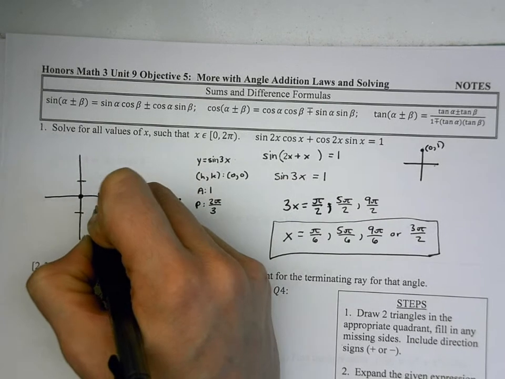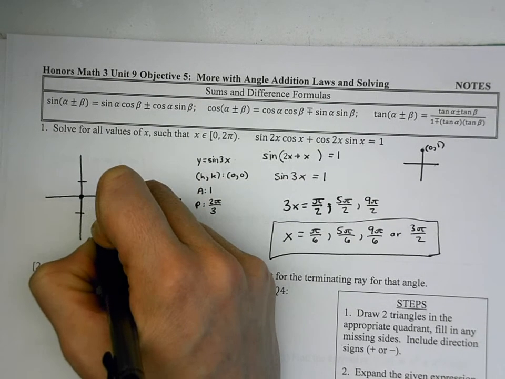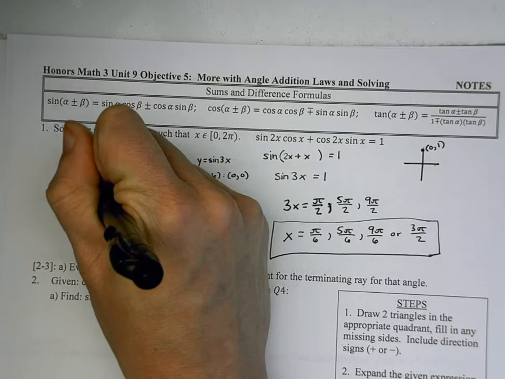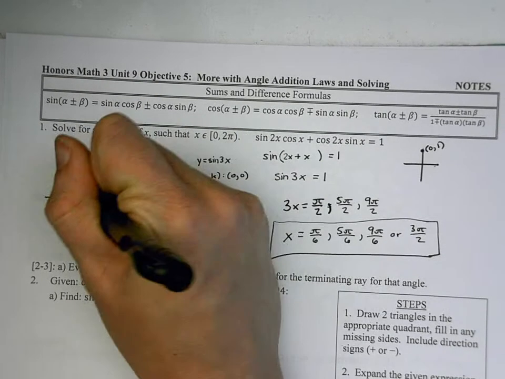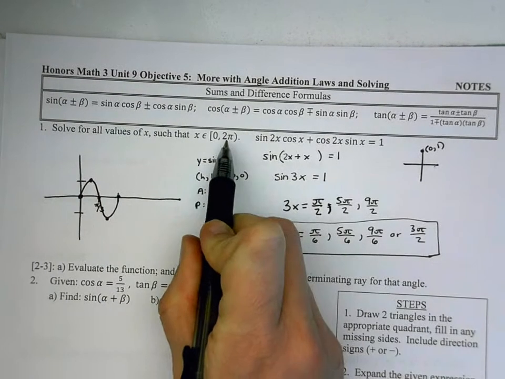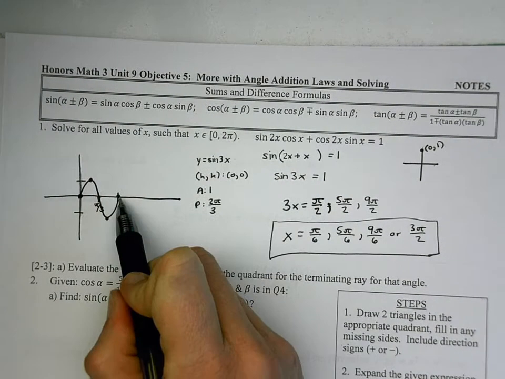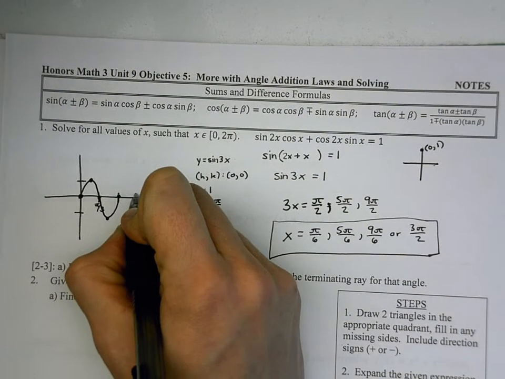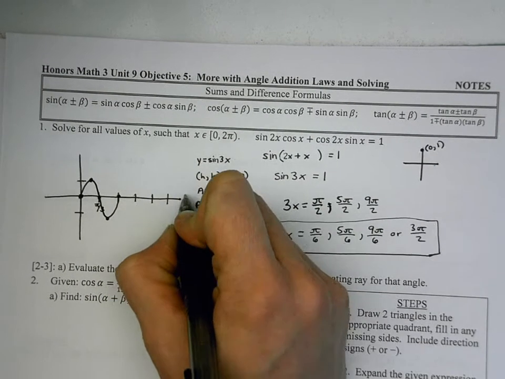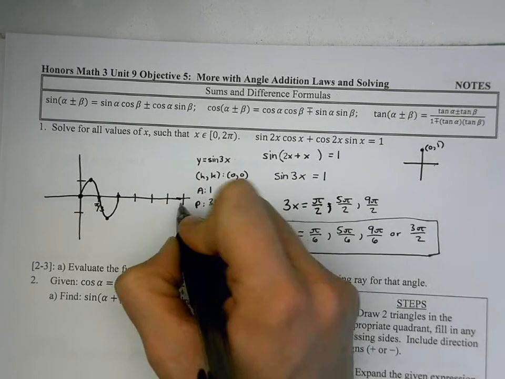And so we'll call this pi over 3, so 2 pi over 3 would be there. And that would be 1 period of my sine. But if I wanted to go all the way to 2 pi, that right there is just at 2 pi over 3. I could do it again to hit 4 pi over 3, and one more time to hit 6 pi over 3, or 2 pi.